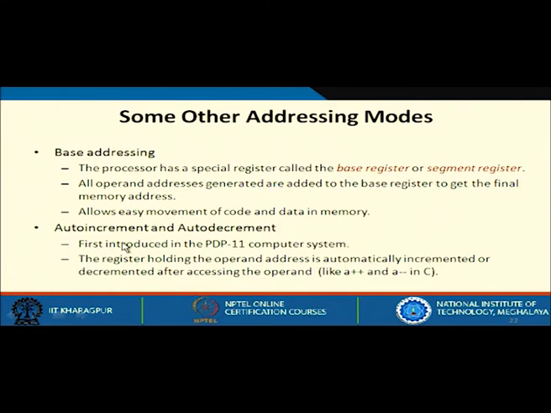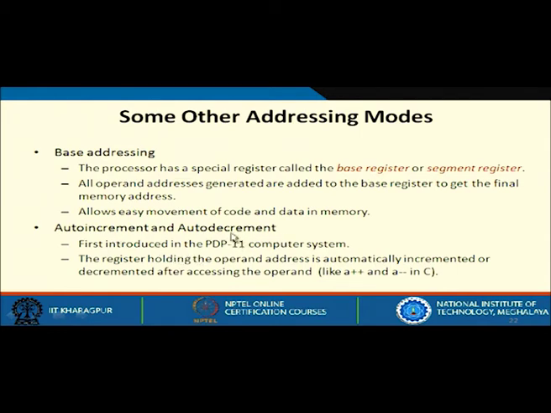We can also have another addressing mode, auto increment and auto decrement addressing mode. It was first introduced in the PDP-11 computer, and PDP-11 was one of the most popular minicomputers in the 1980s.